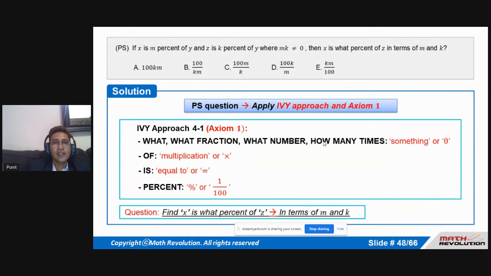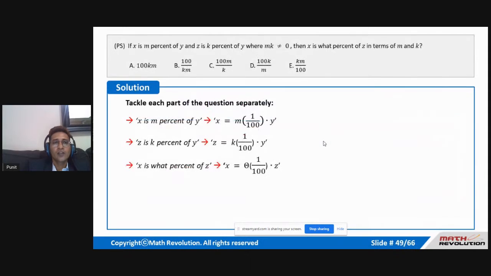We need to find x is what percent of z, and the answer has to be in terms of m and k. Let's talk about the first part. X is m% of y, so x equals m times 1 over 100 times y. Z equals k times 1 over 100 times y.